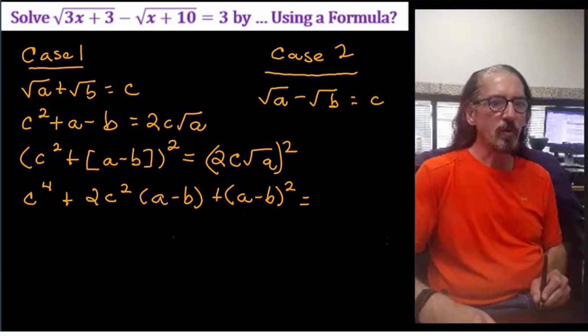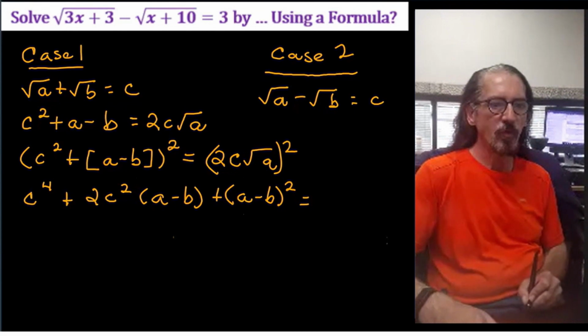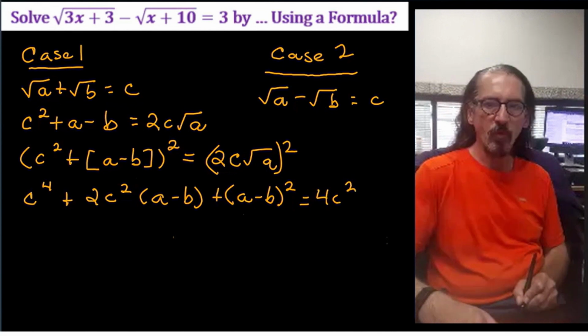For lack of a better word, distributing the squaring to the individual factors here, 2 squared is 4. Got c squared there, and square root of a squared is going to be a.